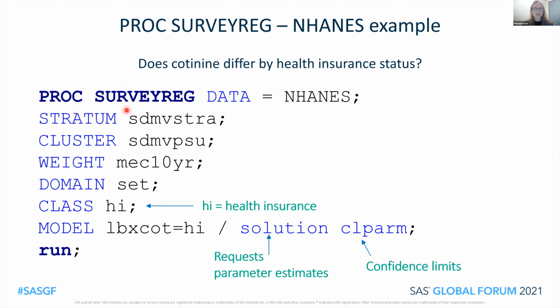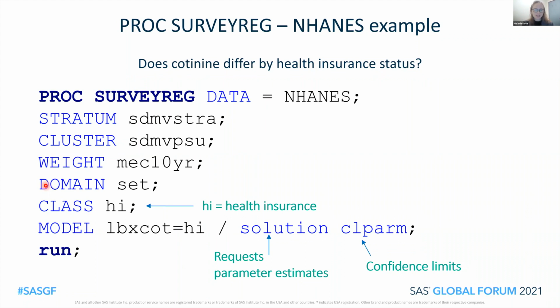We specify our strata variable, our cluster variable, and our weight variable. Just as a reminder, in NHANES, there's just one weight per person. And here we introduce the domain statement.